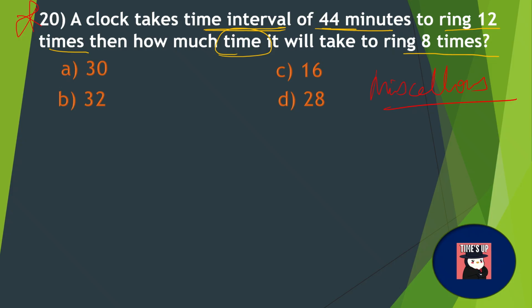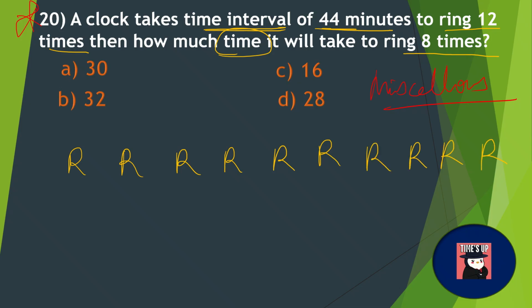So it takes a time interval of 44 minutes, correct, to ring 12 times. 12 times it is ringing. So how many intervals will be there? What do you think? This is one interval, 0, 1.